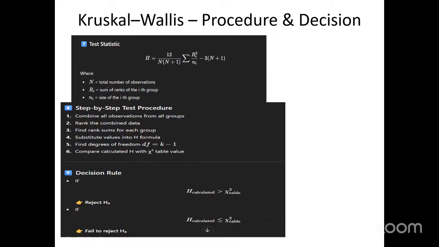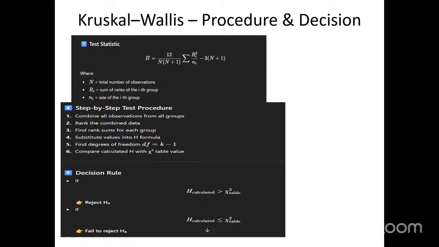Ri is the sum of ranks of the ith group. Till now we were dealing with ranks, so I hope the concept of ranking is now clear. I'm not re-explaining the ranking part. So Ri is the sum of ranks of the ith group, and Ni is the size of the ith group, right?